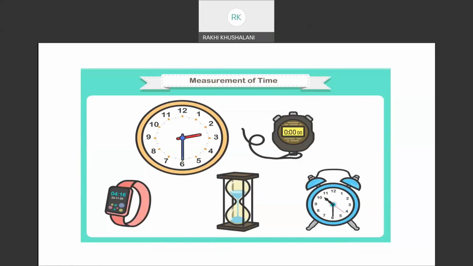You look at the clock and you read the time of the day or of the night. You may be having a digital clock. You may be having an analog clock. These days, you have a clock in your mobile also. On your laptop, basically all those are digital clocks. You have smart watches. You have the sand clock.